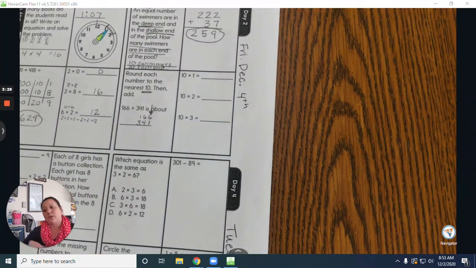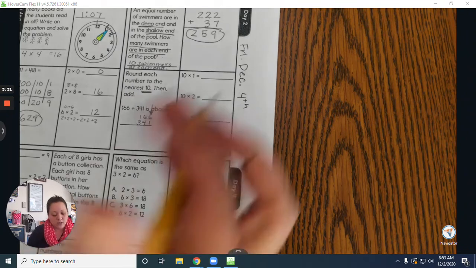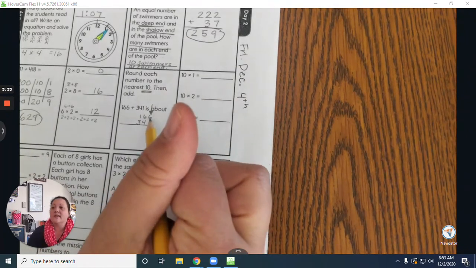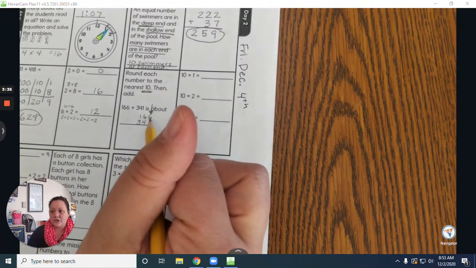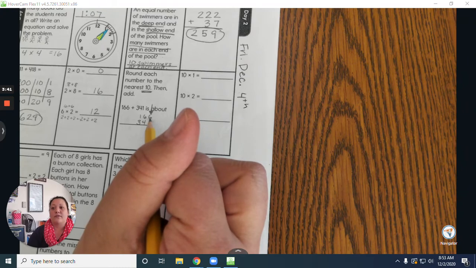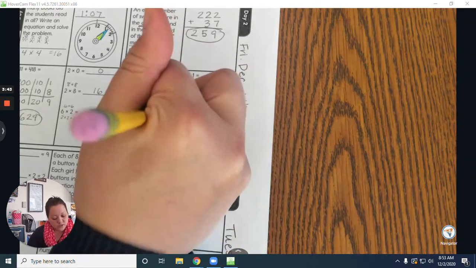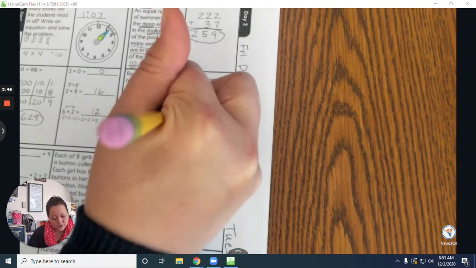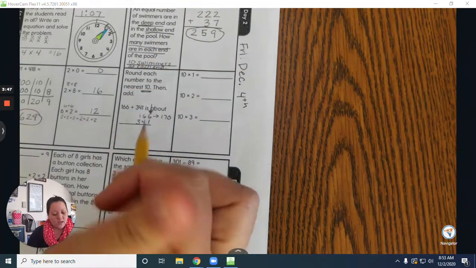That's the one that's going to tell me if it rounds up or if it rounds down. So the saying is 5 and above, give it a shove. 4 and below, leave it alone or round down. So is 6 more than 5? Yes, it is. So it's going to round up to 170.